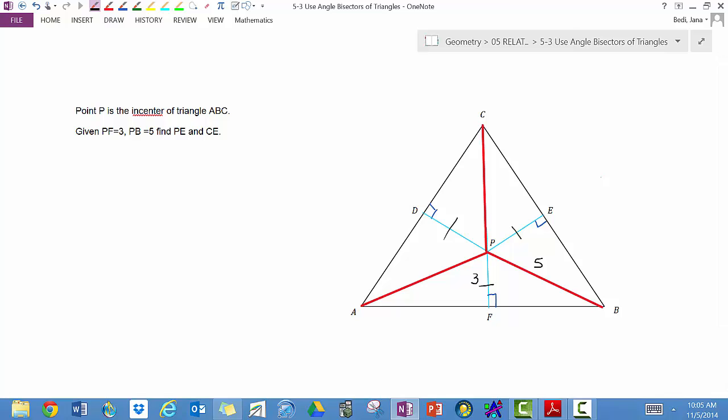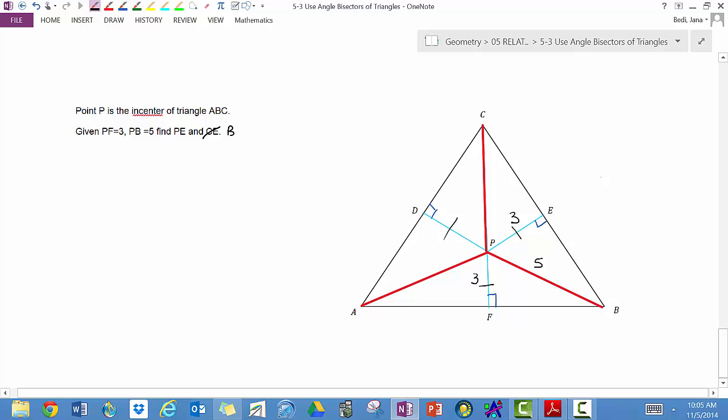So we need to find PE. Well, since that's the radius, that's very easy. That will be 3.